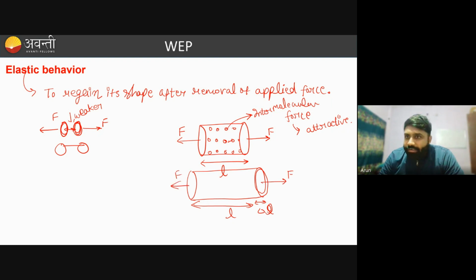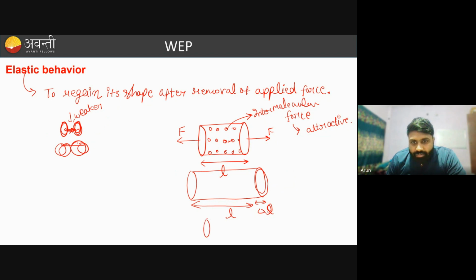Now, the external force we have applied is continuous. But if we remove this externally applied force, what will happen? This force has been removed. So only intermolecular forces come into interaction again, and they will attract the molecules to the same position, and hence the length will reduce to the original length.